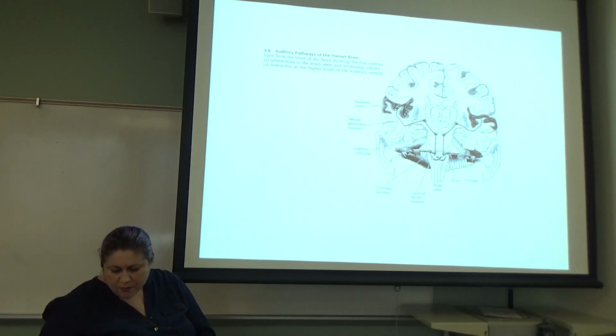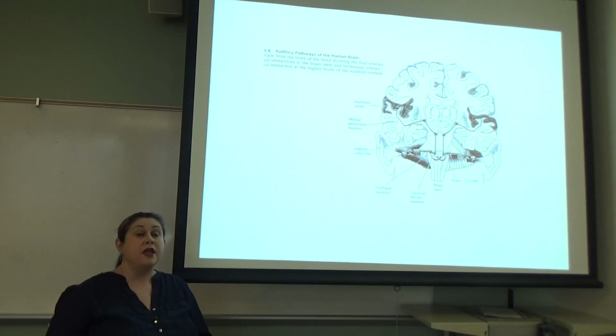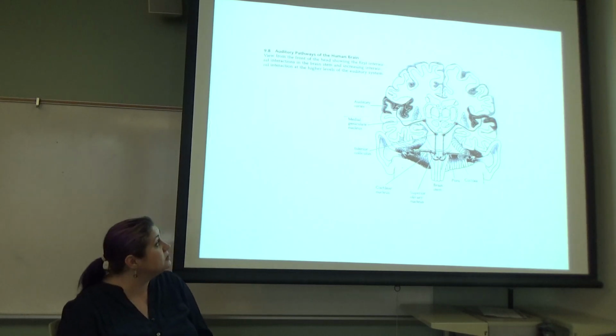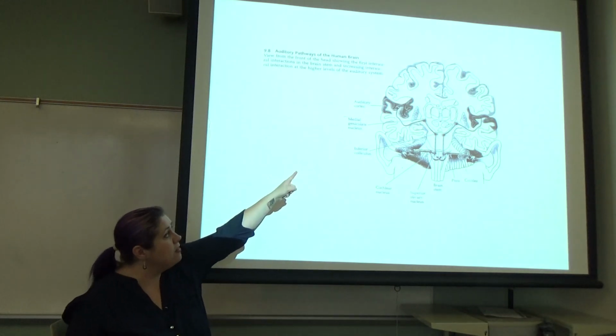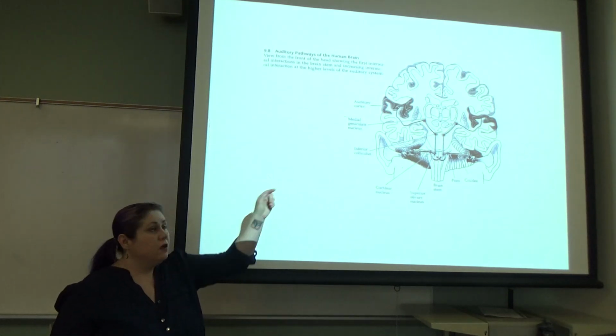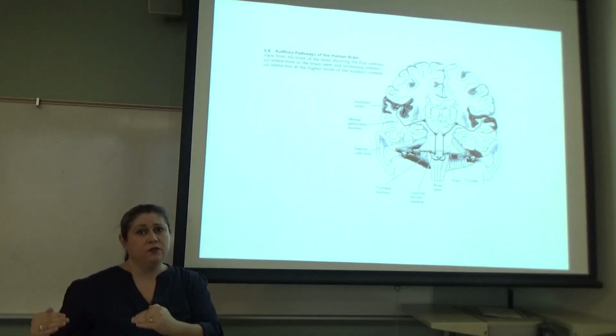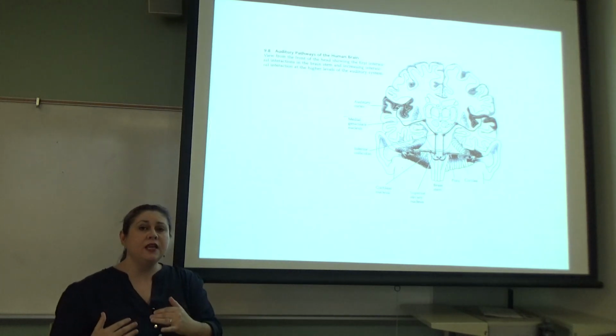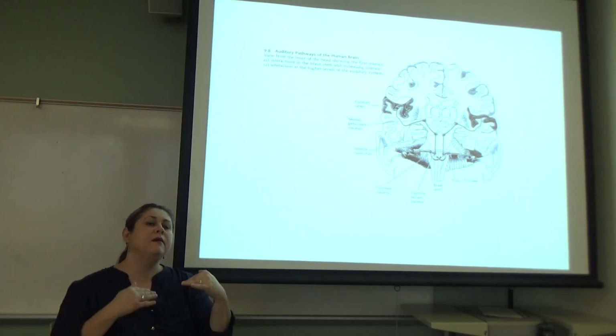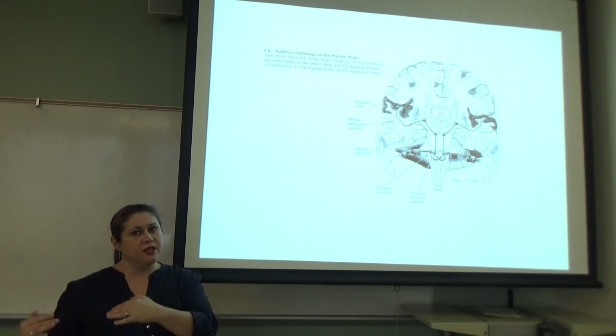From the inferior colliculus, the information is going to go to the thalamus. In vision, you'll remember the place on the thalamus was the LGN, the lateral geniculate nucleus. In audition, in hearing, the place on the thalamus is the medial geniculate nucleus.